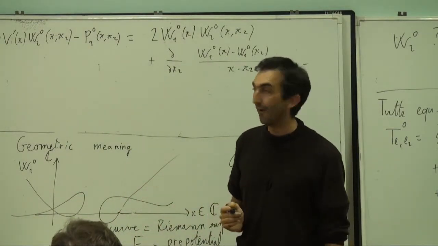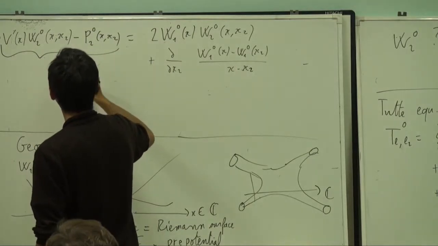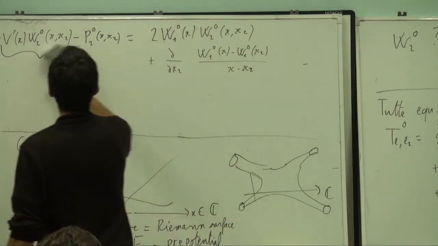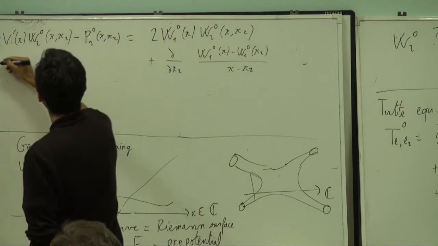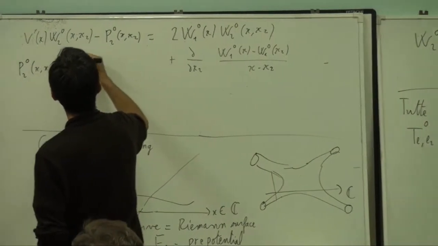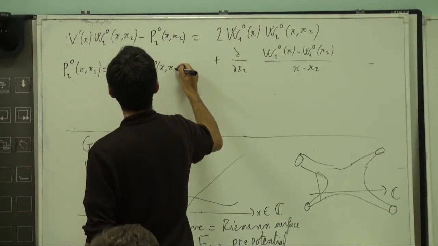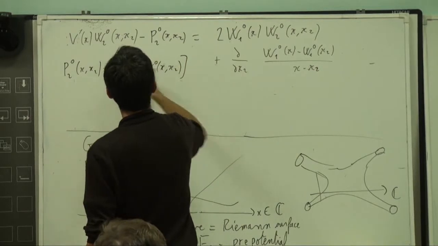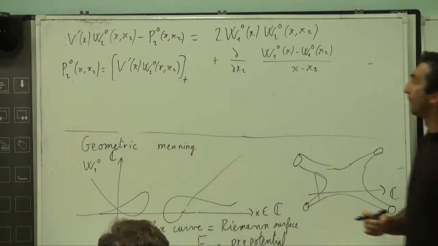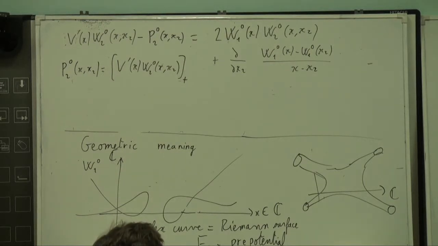And so it just means that this quantity, P20 of x1, x2, is just the positive part of W20 of x1, x2. Plus means positive part. So you expand into powers of x and keep only the positive terms, the terms with a positive power of x.